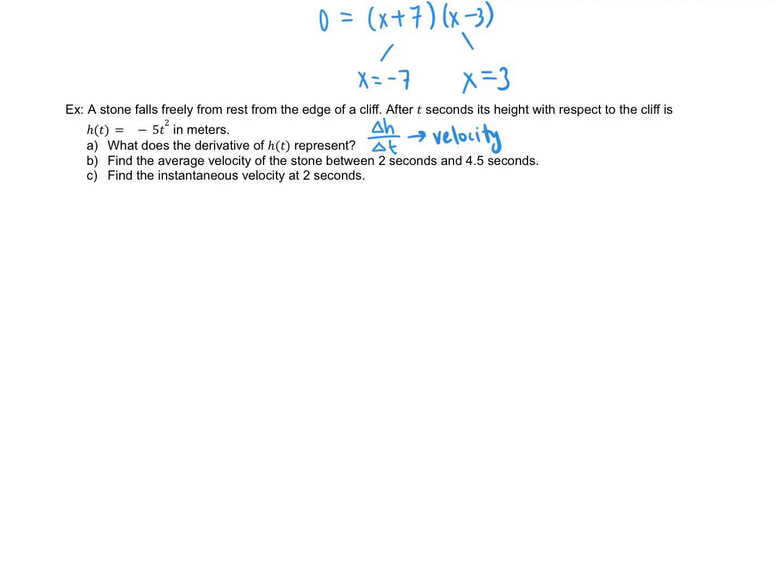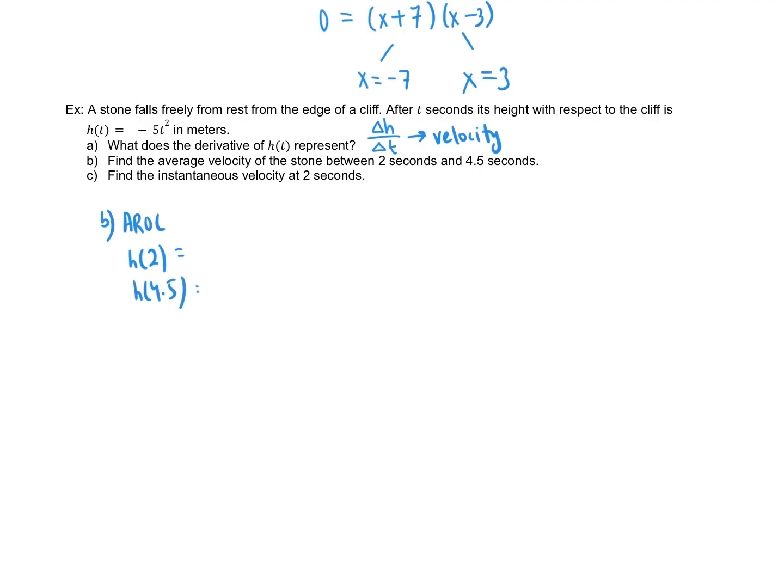And now for B, find the average rate of change, the average velocity of the stone between 2 seconds and 4.5 seconds. So B is average rate of change, which means we're just using our slope formula. Find h at 2, find h at 4.5, and do good old y2 minus y1 over x2 minus x1.